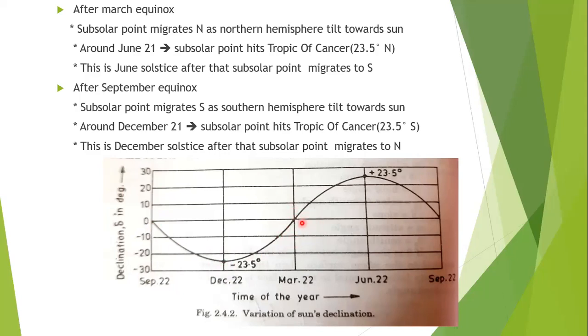Up to June 22nd, until it reaches again the latitude of 23.5 north, and after that it shifts to the south. Again it reaches here, September. So this is the sun's declination.